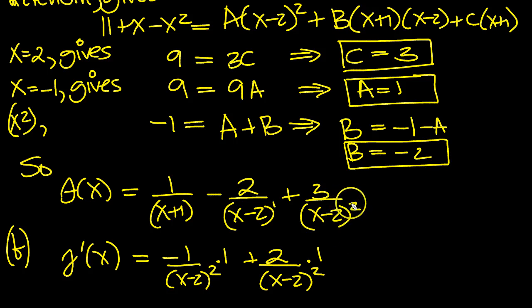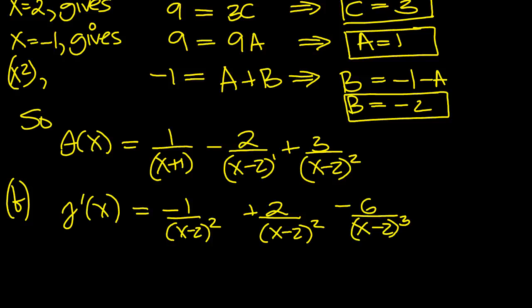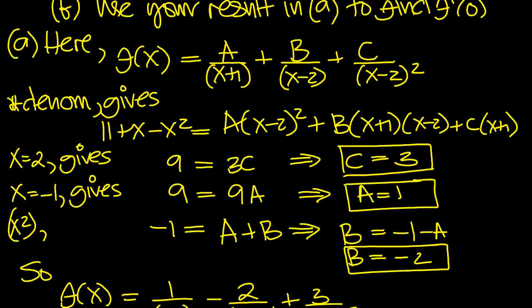And then the minus 2 here becomes 3 times minus 2 is minus 6 over this cubed, isn't it? The power minus 3 basically, so that's that cubed. So there's f dash then, which we could tidy up, but it's just times 1 here and here, so I'm just going to erase those times by 1 numbers because they don't change the actual answer, do they? Okay, there's f dashed, so we want f dash 0, don't we?